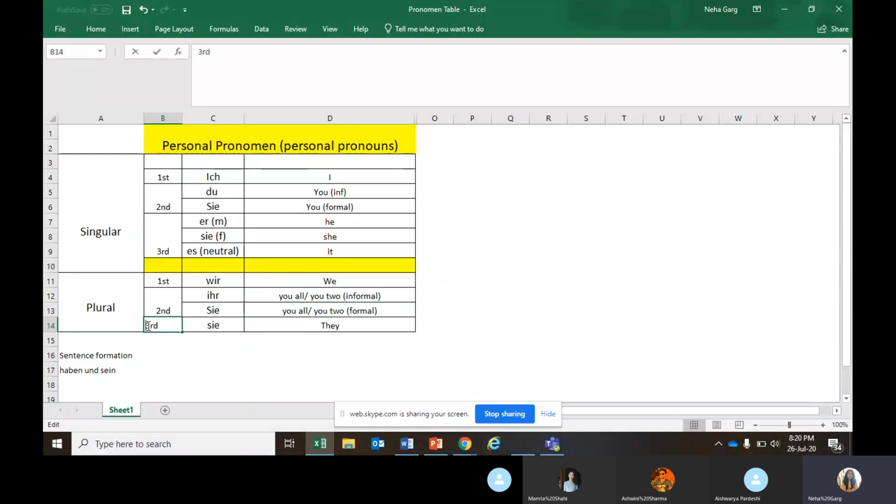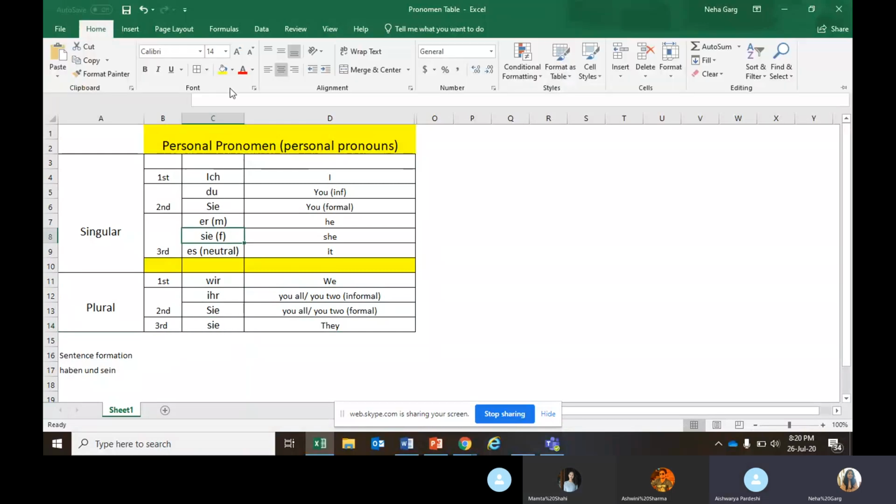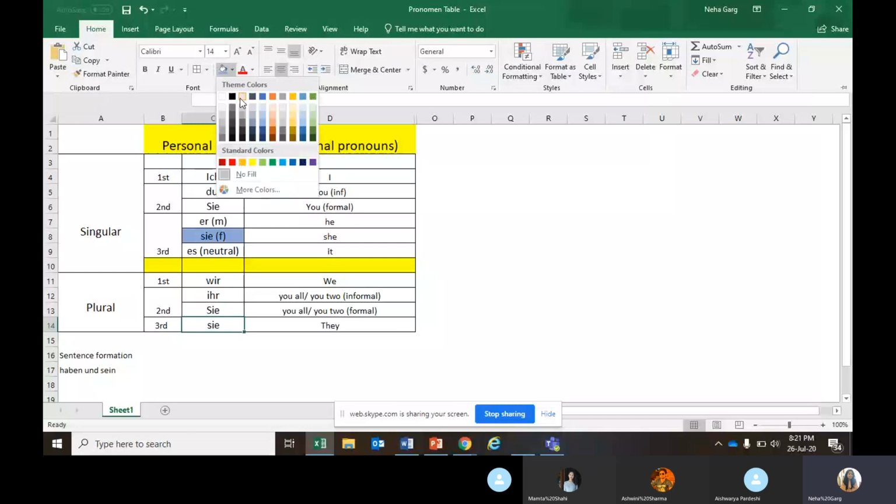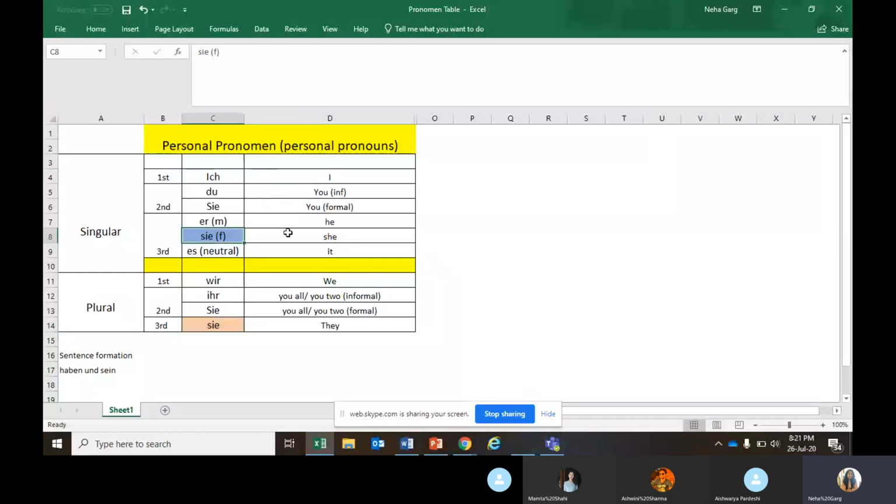Now again, we have another Z. This is again with a smaller s. Don't get confused with this Z, this one and then this one. Don't get confused between both of them, because in the first section, the blue highlighted one was for the singular case for a female, which means she.